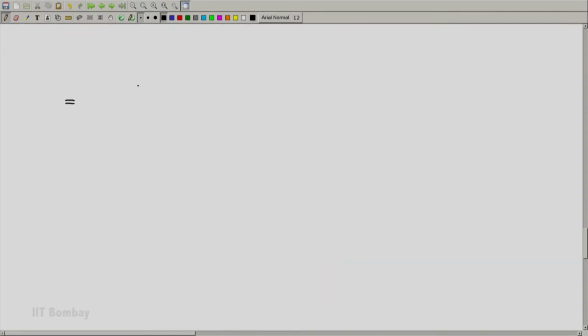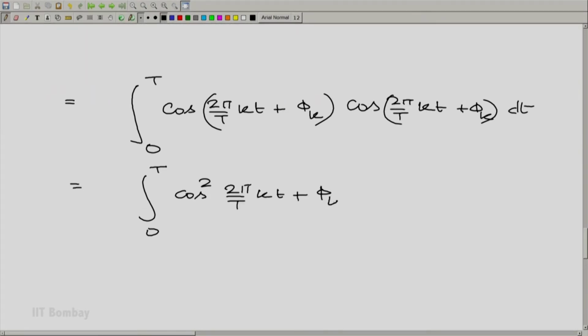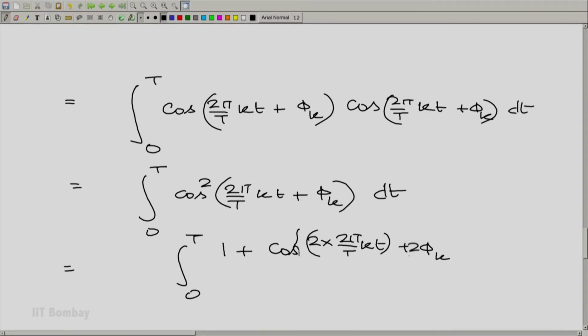That dot product or inner product is the integral of cos(2π/T kt + φ_k) multiplied by the same thing and integrated from 0 to T, which is essentially the integral of cos squared of (2π/T kt + φ_k). And this is easy to integrate. You know this little lemma in trigonometry.